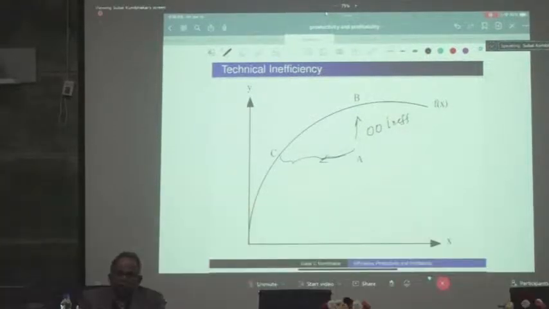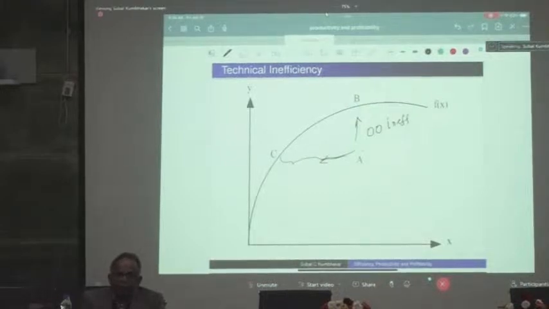In other words, the distance AC indicates how much of the inputs are overused or unnecessarily used. That means you can reduce your input usage by this distance AC without reducing your output.